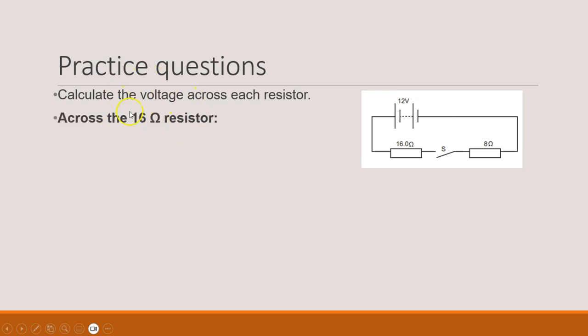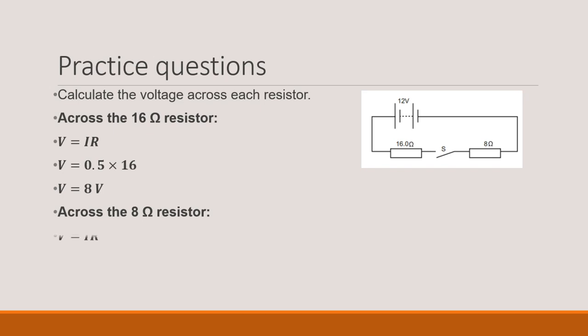So across the 16 ohm resistor, we may calculate the voltage as I times R. It's 0.5 times 16. And that gives us a voltage of 8 volts. If I connected a voltmeter across the 16 ohm resistor, it would read 8 volts. Now, if I want to calculate the voltage across the 8 ohm resistor, I can apply the same formula. V equals I times R, so it's 0.5 times 8, and that gives me a voltage of 4 volts across this resistor.